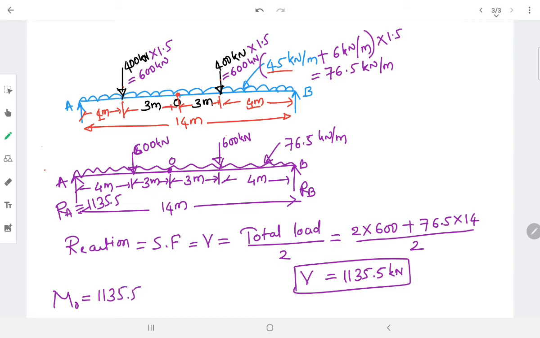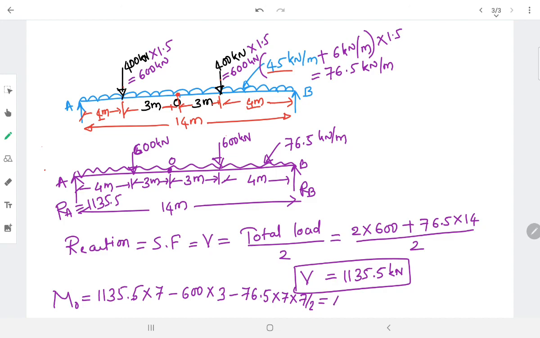It is moving clockwise towards O, so take it as positive, into distance 7, minus 600 into 3, minus one more load acting, 76.5 into 7 into 7 by 2.